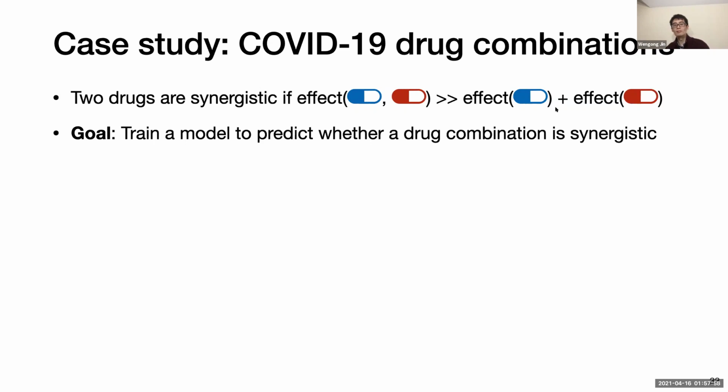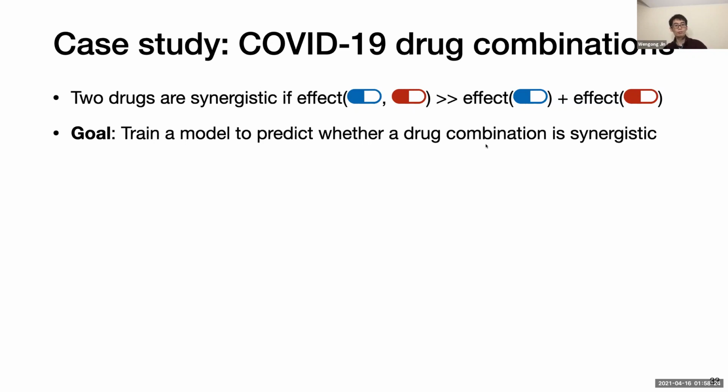So we don't want to overdose. That's why we want synergistic compounds, because if two compounds are synergistic, you can achieve the same effect with a much lower dosage.